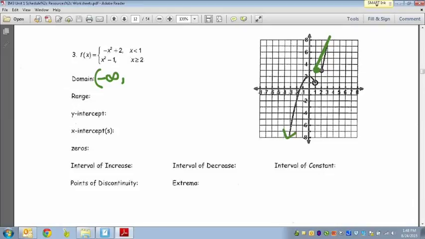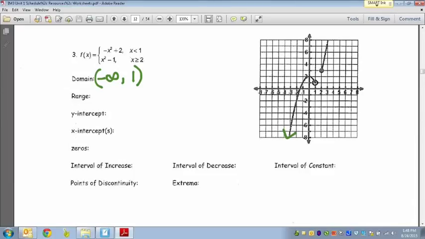Even though it's jumped somewhere else, the domain would still be continuing. But as it stands, there's only an open dot at x equals 1. So what that means is we have to stop the domain at 1, and we can't include it because there's an open dot there.